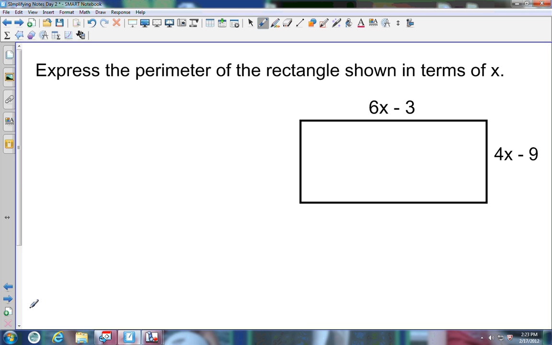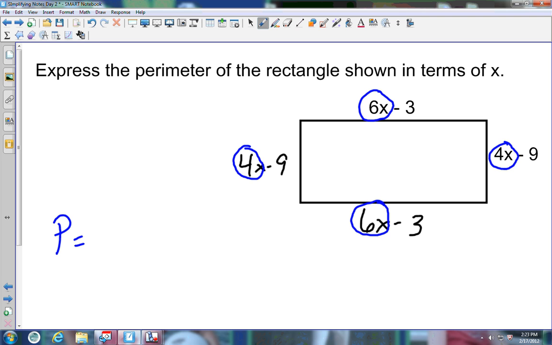Next, express the perimeter of the rectangle shown in terms of x. Well, remember, perimeter means to add up all the sides, so let's label our sides. 6x minus 3, 4x minus 9. Add up your x's. 6 and 4 is 10, 16, and 20x.